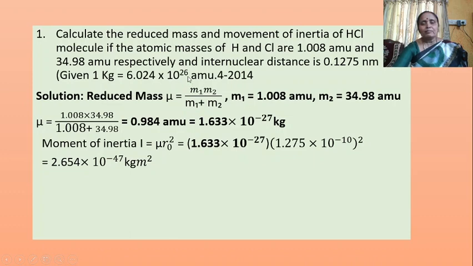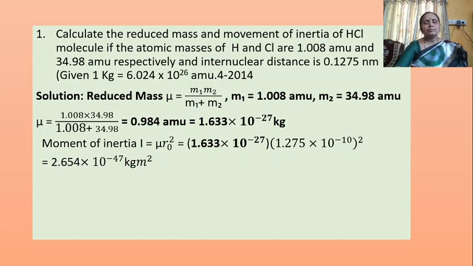So 1 atomic mass unit will be 1 by 6.024 into 10 raised to 26. So I multiply 0.984 atomic mass unit into 1 by 6.024 into 10 raised to 26, and the value I get is 1.633 into 10 raised to minus 27 kg. So this is how I determine the reduced mass.